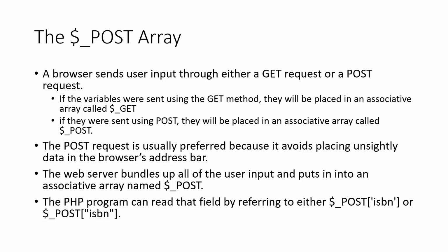Once you read the information, you can use underscore POST, and within square brackets you put whatever the attribute name is. You can use either single quotes or double quotes here.